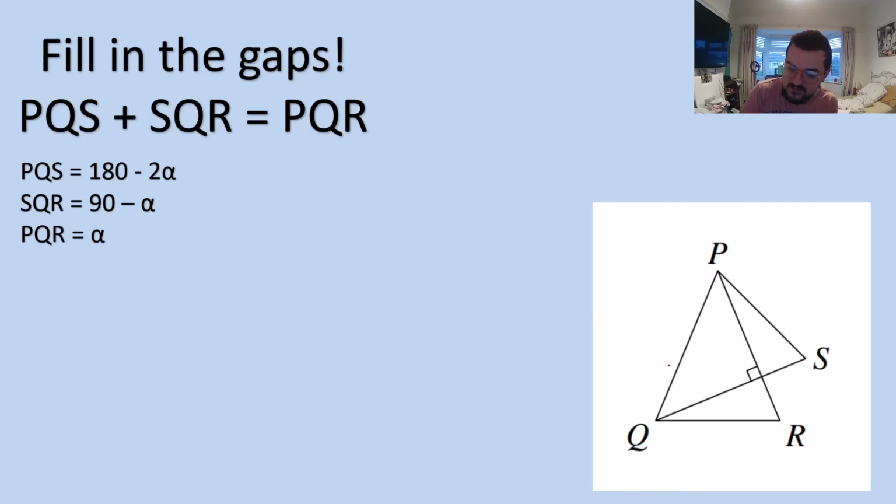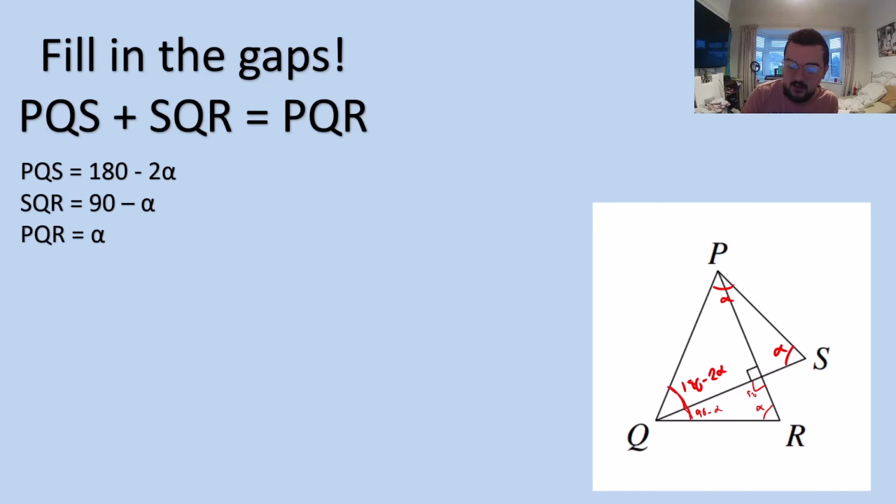So we've said that this angle here is 180 minus 2 alpha, because we know that this angle is alpha, this angle is alpha, and it's just the internal angles of a triangle. We've also said that SQR, this angle here, is 90 minus alpha, and we know that because this angle is alpha and this angle is 90. So we did that in the last question. And PQR, this whole thing, is just alpha.